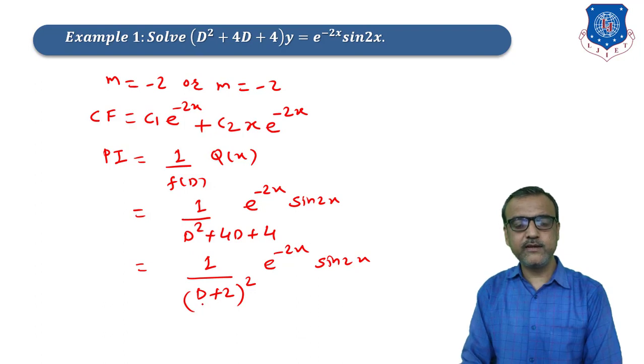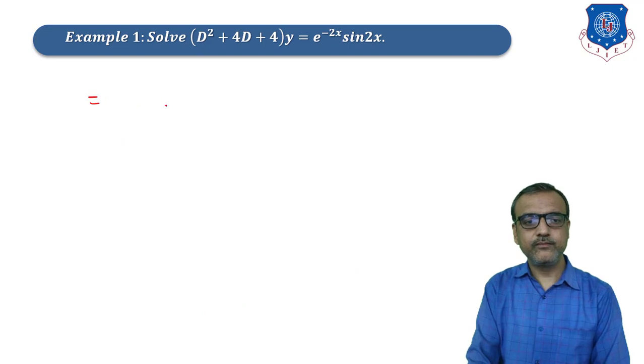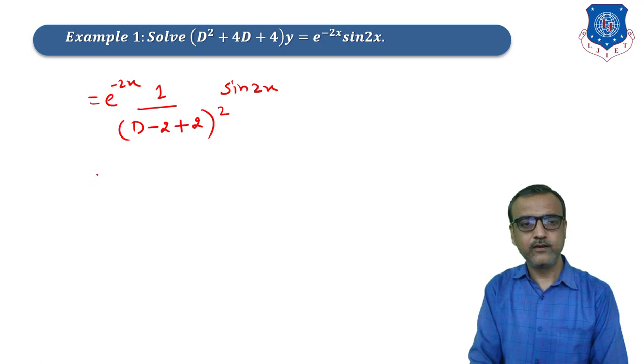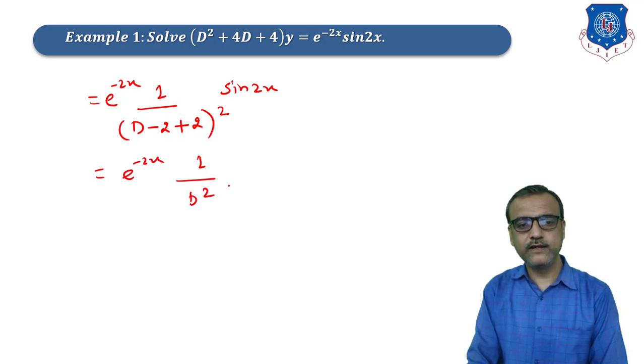So we replace D by D minus 2. So this equals 1 over, replacing D by D plus a, that is D plus minus 2, so it becomes D minus 2, plus 2 as it is, and we keep e raised to minus 2x outside, and here we write v, and in this case v is sine 2x. So this equals e raised to minus 2x, 1 over, minus 2 plus 2 cancel out, so we have D square, sine 2x.